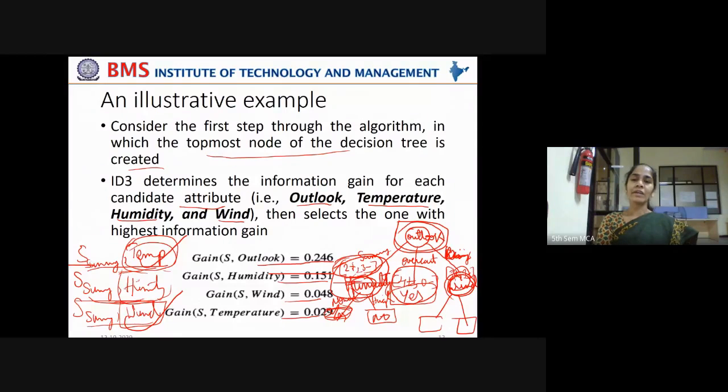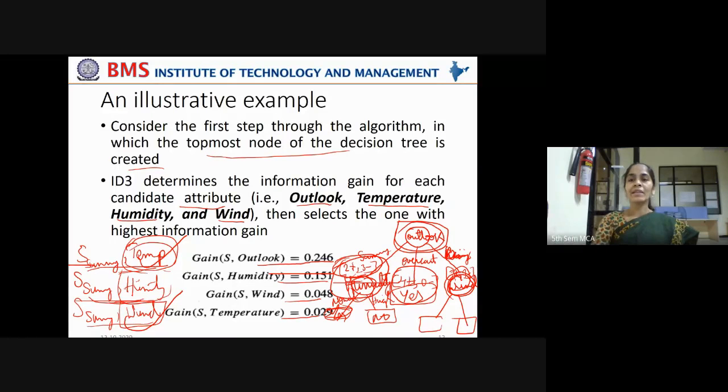That is not considered in the decision tree. Got it? That is how a decision tree is built iteratively by the ID3 algorithm. At each step, it calculates the information gain for each of the attributes, and wherever the information gain is high, that attribute is taken as the root node. Now, leaving that attribute, the information gain of the remaining attributes is calculated again at the next step, and wherever the information gain is more, that attribute is taken as the classifying attribute.